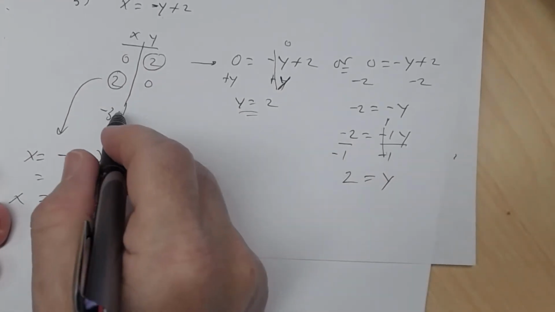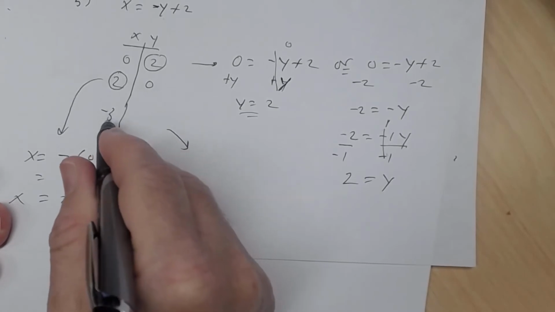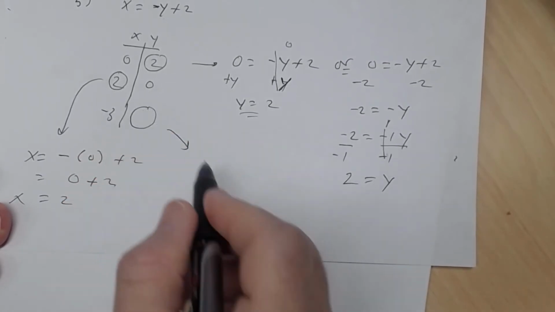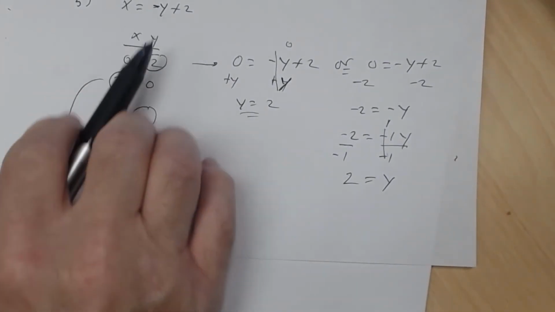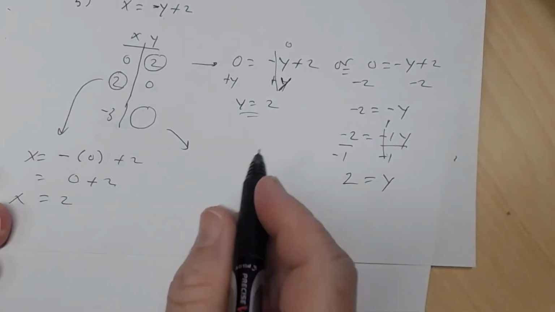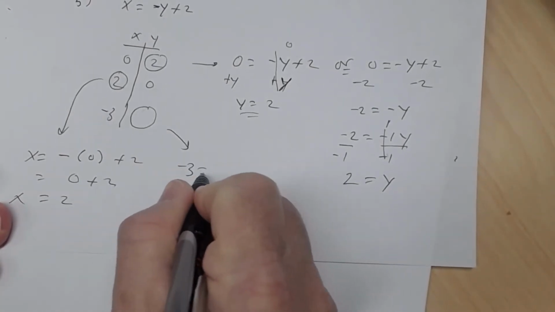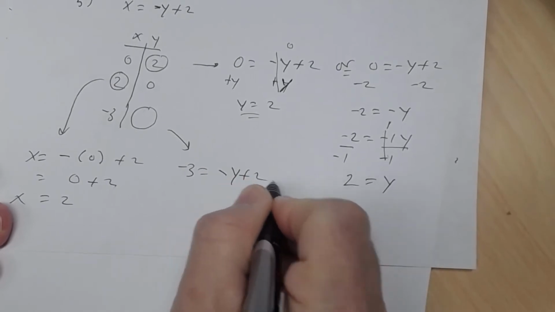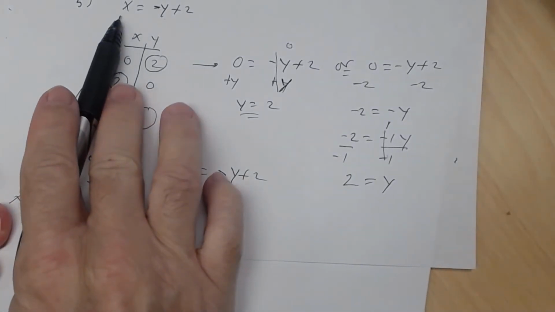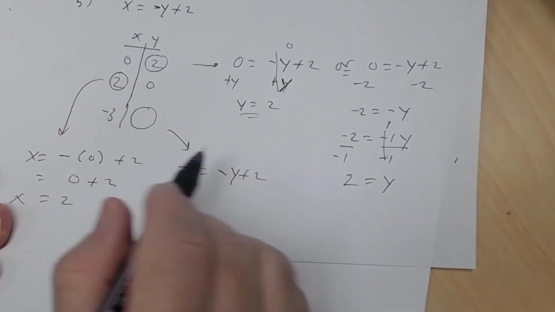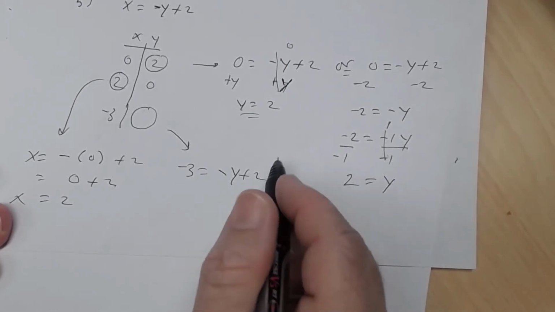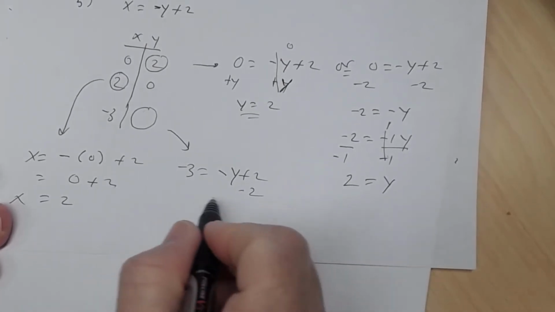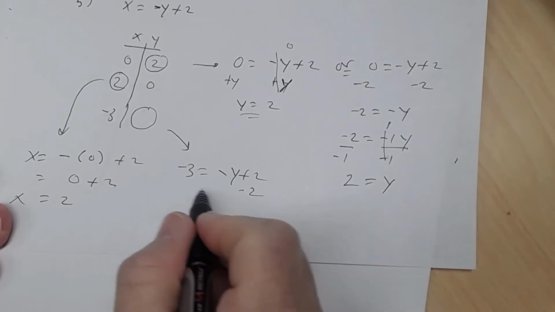All right. Now, this time you're told x is negative 3, and you got to find y this time. So where we see the variable x, I plug in negative 3. I substitute negative 3. So I get negative 3 equals negative y plus 2. And then you just solve for y. I'm just going to subtract 2 from both sides.